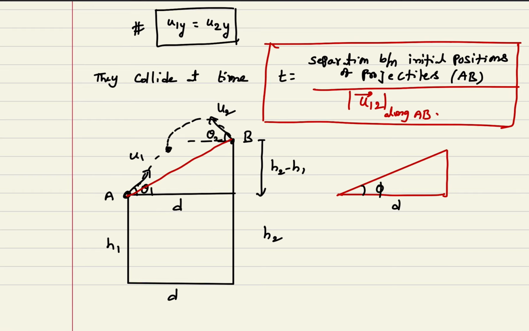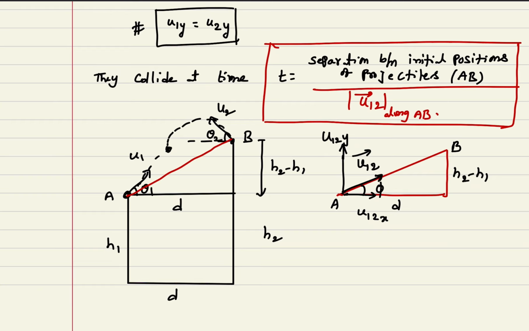I can write the new angle phi, separation d, A, B, and this is h2 minus h1. This is the velocity of the first particle with respect to the second. We can take u12 x, and the other one is the relative velocity along the y-axis, u12 y.